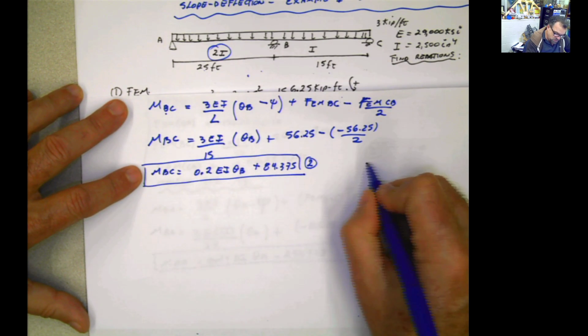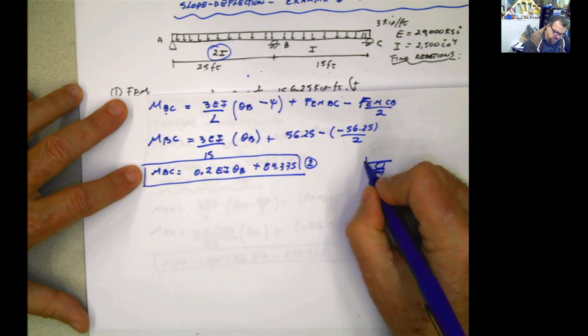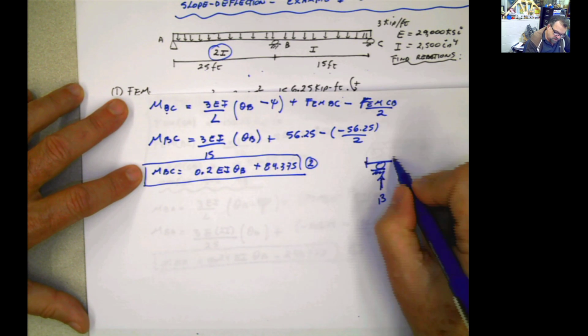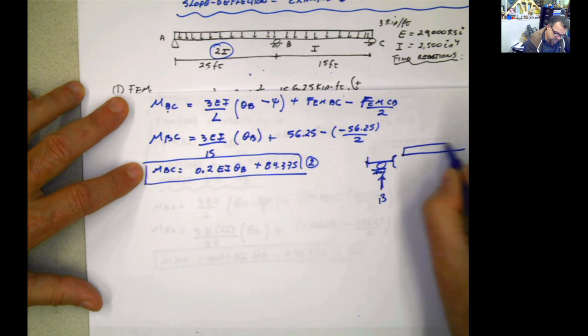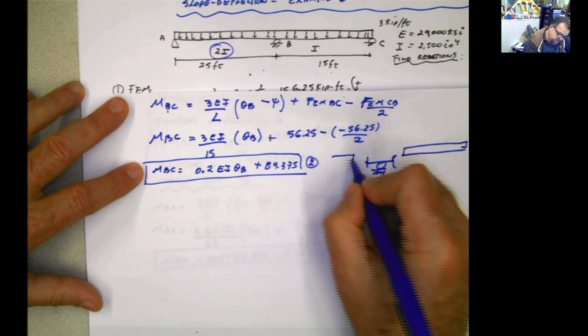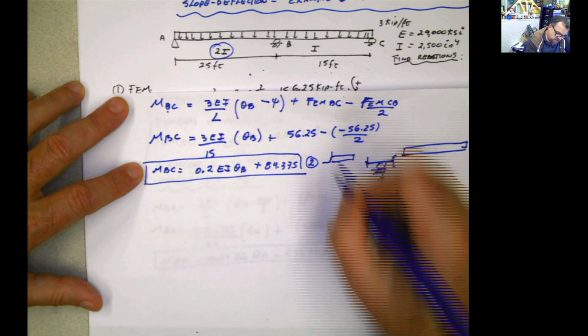I'm going to make a cut at the support B right here. This is the support B. This is the reaction at B, and then you have the beam on top of that, right? And this is the other support, the support at C. And then here you have the same thing, the beam on top of that, and then you have the support over there.